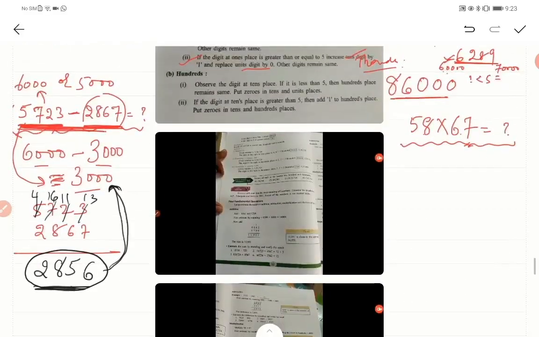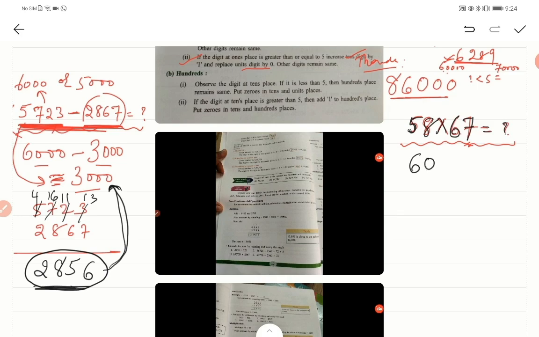Okay, let's take one example for multiplication. I want 58 multiplied by 67. What is the nearest value? 58 nearest is what? 60, isn't it? 50 or 60?